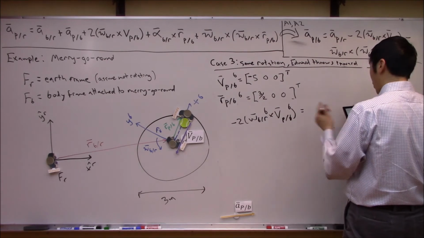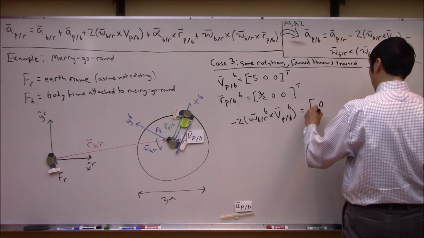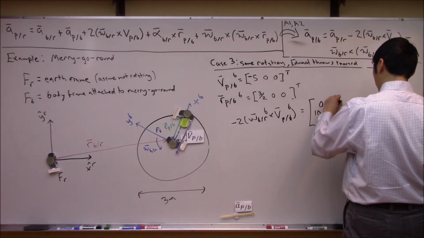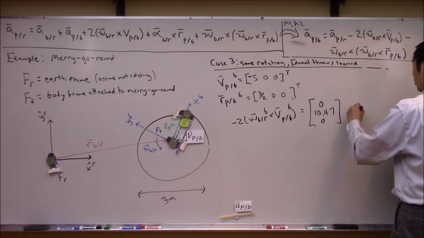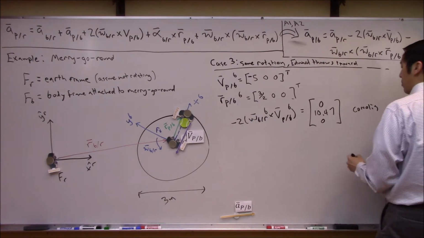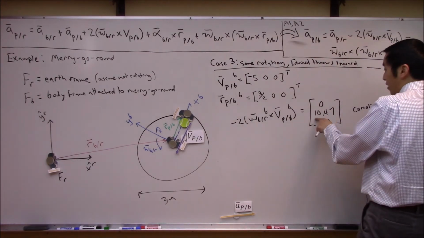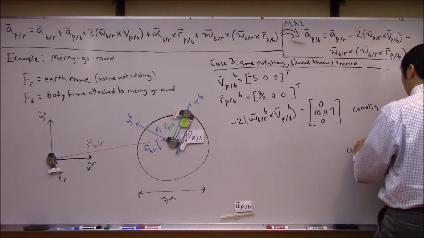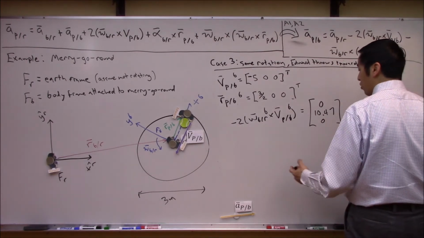And what you end up with is a 0, positive 10.47 and a 0. So Coriolis is the same here, but it has a flipped sign. Centrifugal acceleration is going to be the same here.